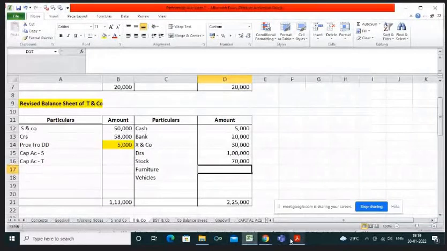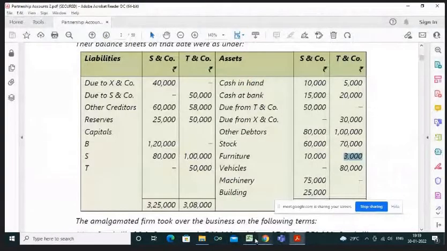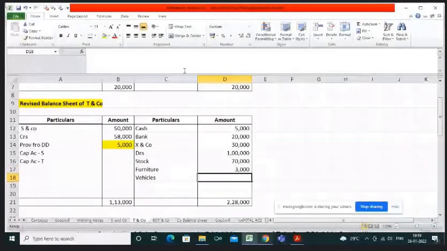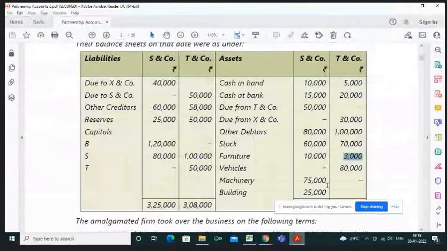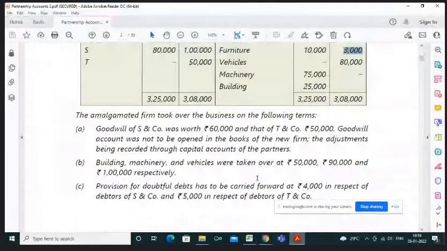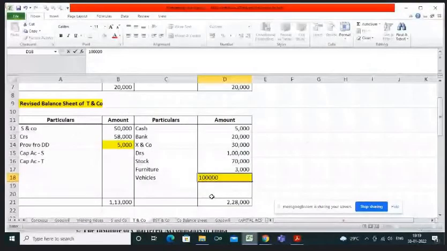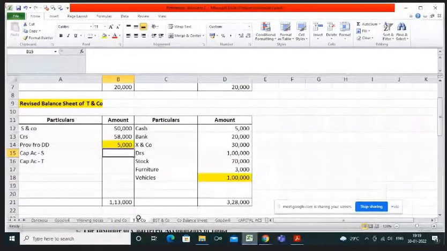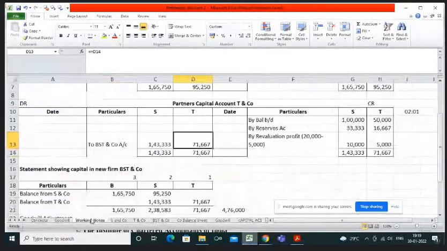Then stock, I have a stock of 70,000. And I have furniture of, sorry, furniture here is 3,000. And vehicles, here will be a difference. In the question, they have given 80,000, but we have adjusted it to 1 lakh. So here I'll be showing at a value of 1 lakh.